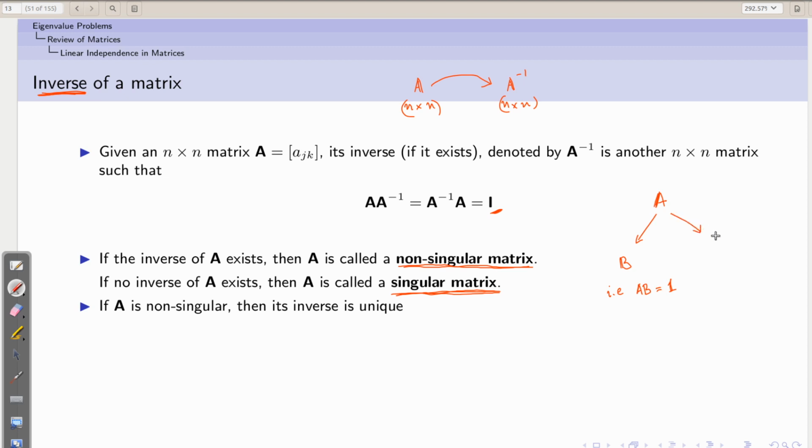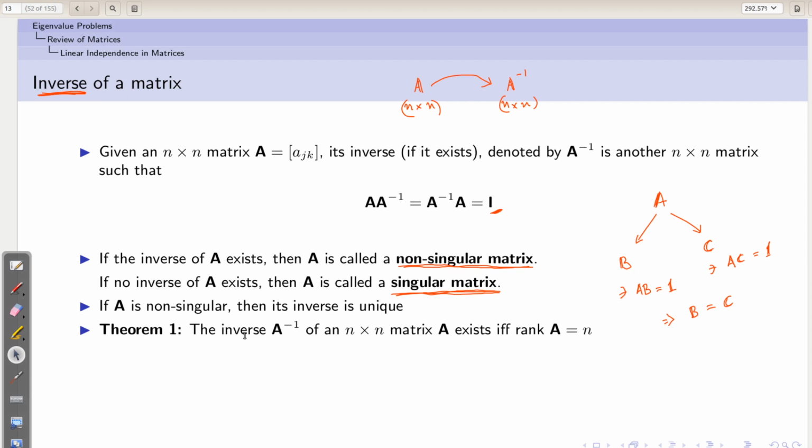And let's say there is another matrix C such that AC is also equal to the identity matrix. So this implies that matrix B must be equal to matrix C. This can be very easily proved, so I leave this to you to try out for yourself.